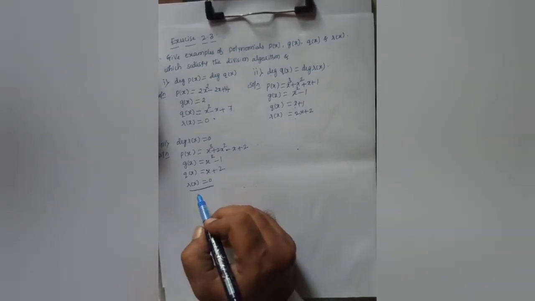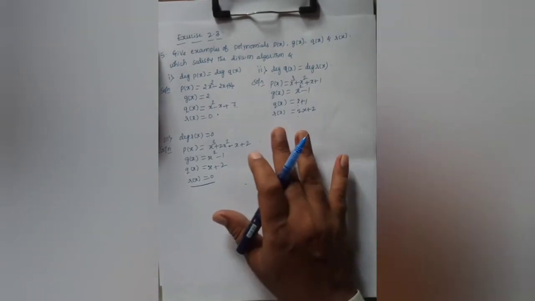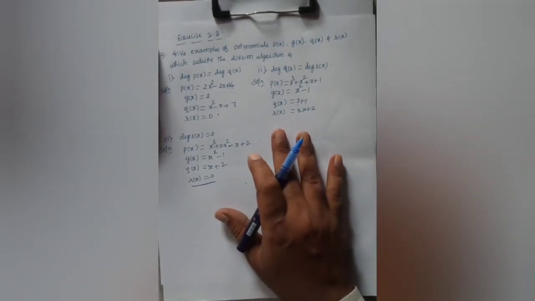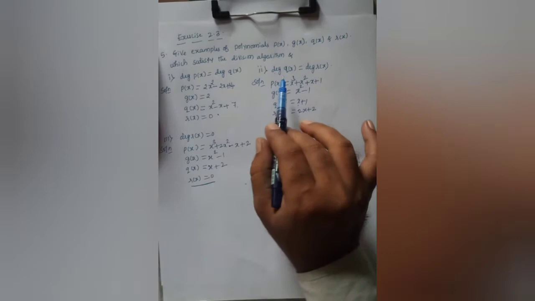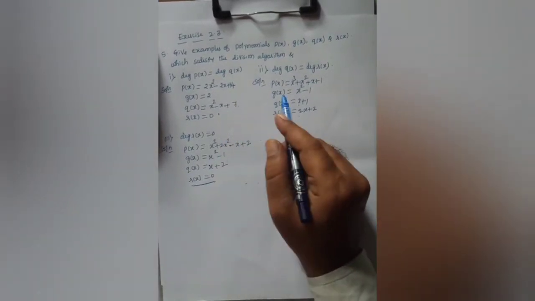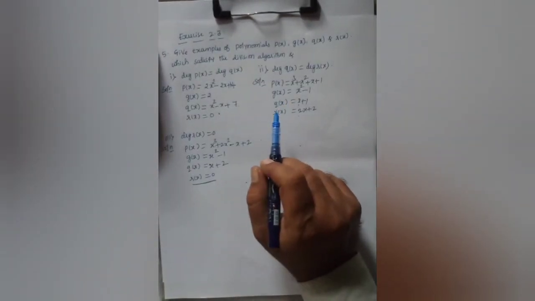So this is the example. These are the examples we can write. Not only these examples, we can give so many examples by using Euclid's division algorithm, or by using the given condition. These are just one example for each question.